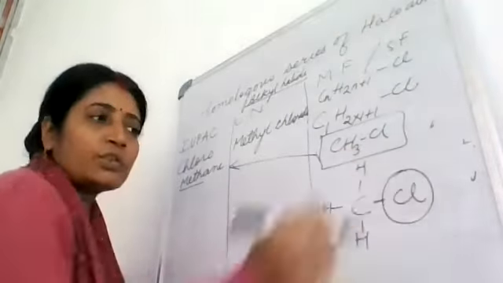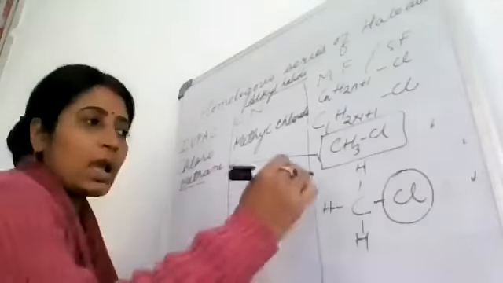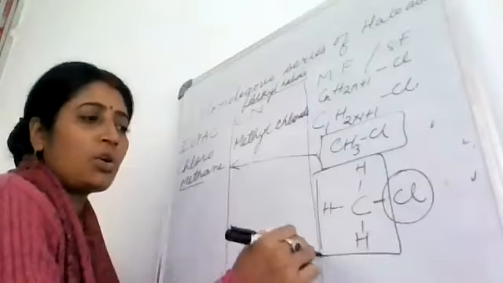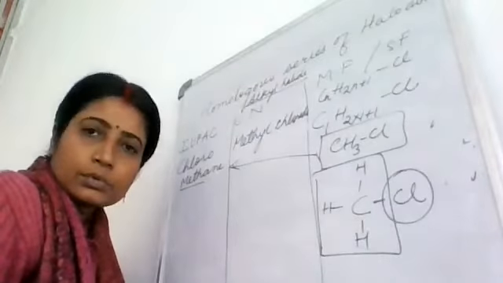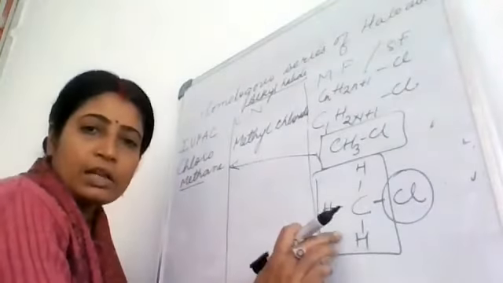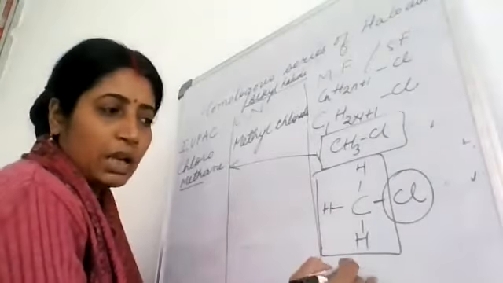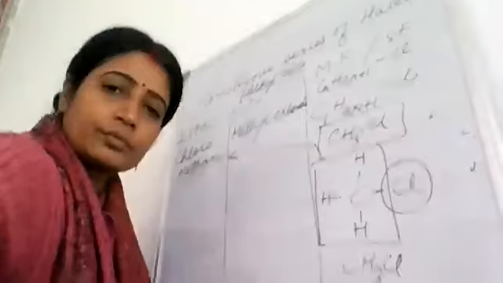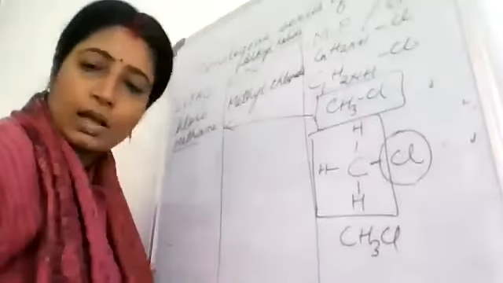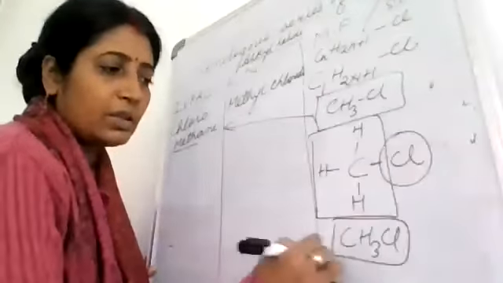Now this is your functional group. And this one is your alkyl group. So what will you get? You get CH3Cl.